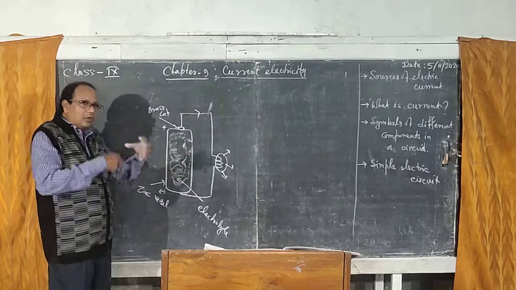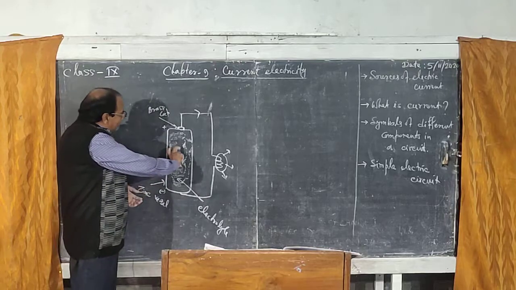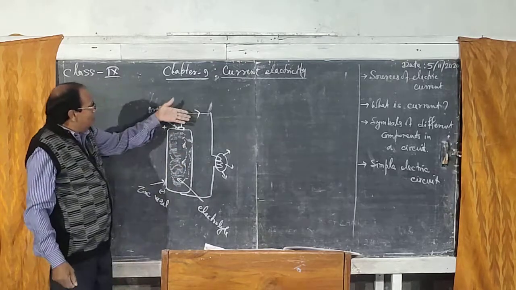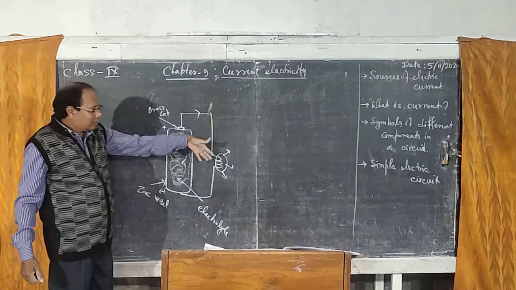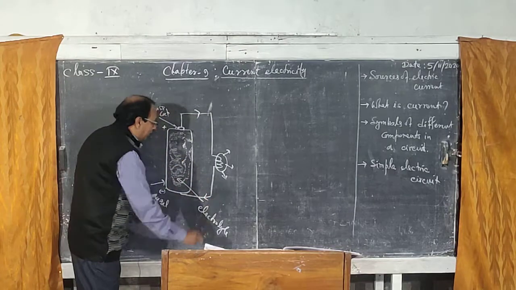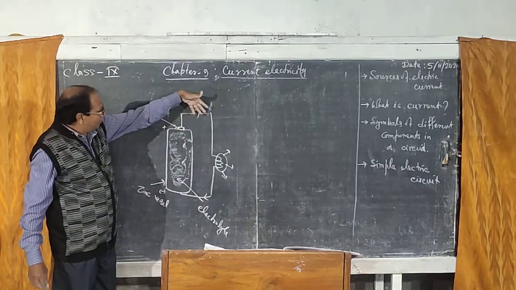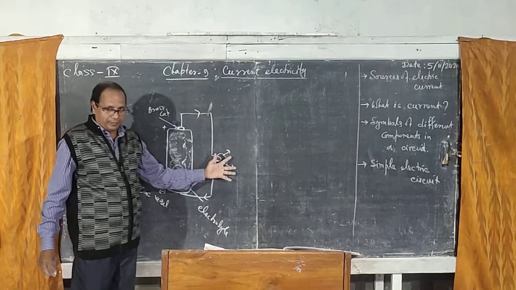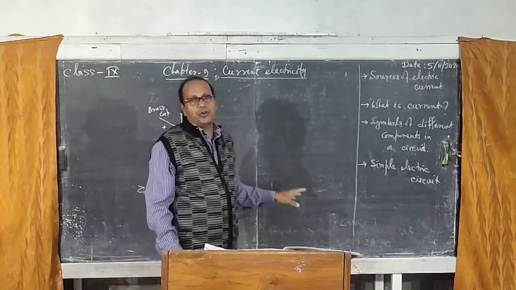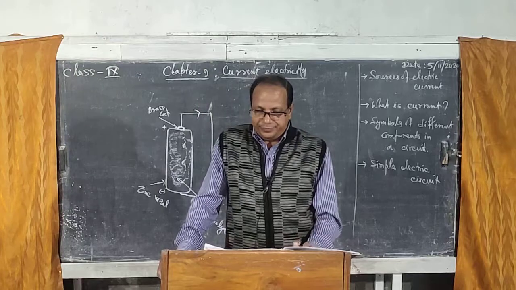These chemicals will do some reaction, and because of the chemical reaction somehow electricity starts flowing, and that one we will discuss later on. Somehow electricity starts flowing and the bulb starts glowing. Okay, so this is a source of DC.